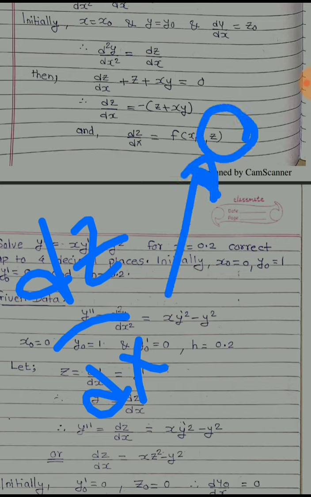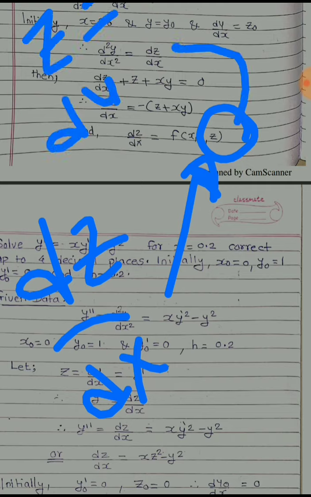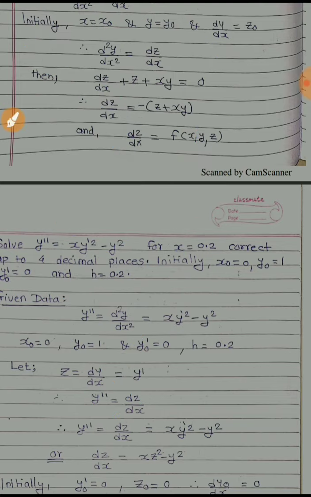Here you need to consider z is equal to dy by dx. Then only you can understand this is the representation of a second order equation.